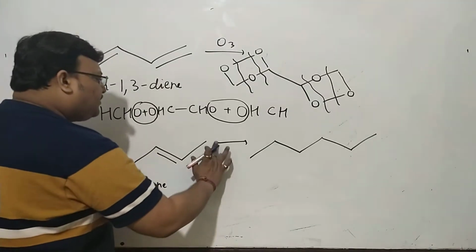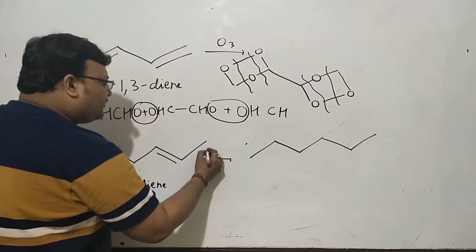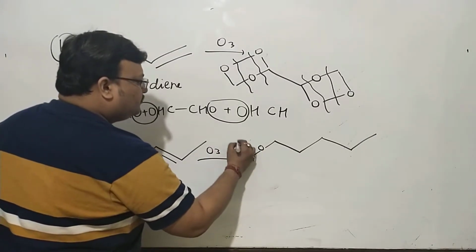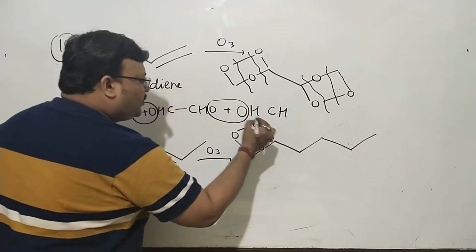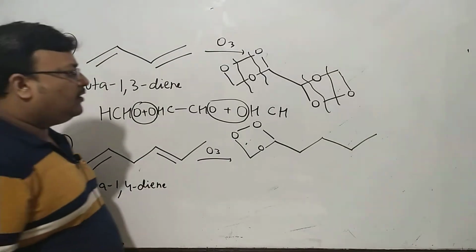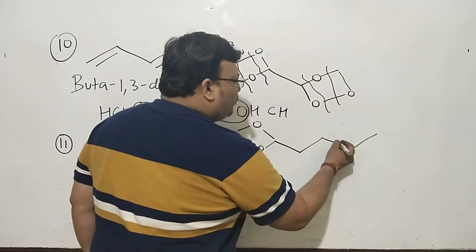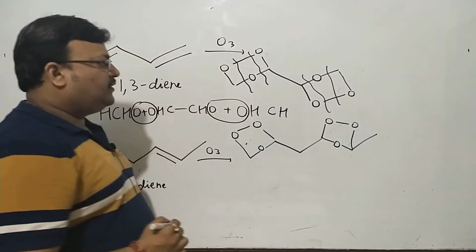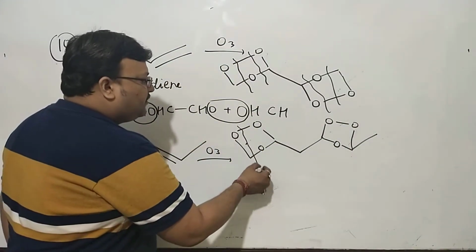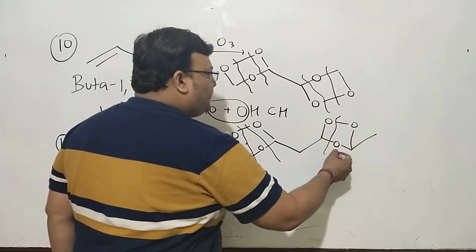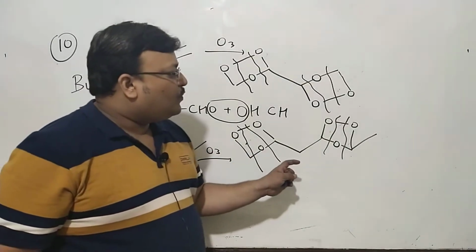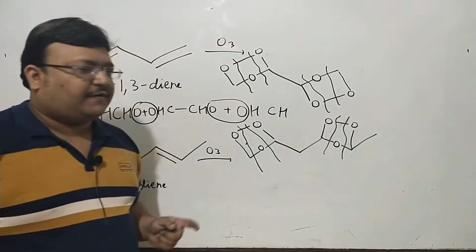How I draw the ozonide is an oxygen here, a couple of oxygen atoms here, and then between these 2 carbon atoms an oxygen here and a couple of oxygen atoms here. Now I break it from left and right. You're taking 3 fragments, one to the left, one to the right, and one at the center.